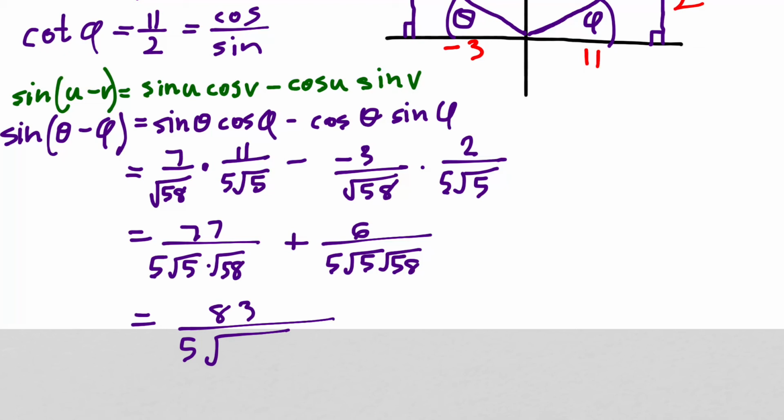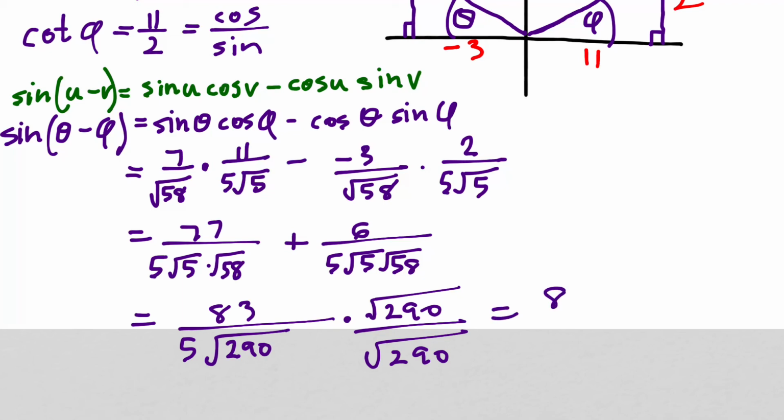So that's 290. All right, so generally we want to go ahead and rationalize the denominator here. So let's do that. So I have 83 times the square root of 290 divided by 5. So square root of 290 times the square root of 290 is 290. All right.